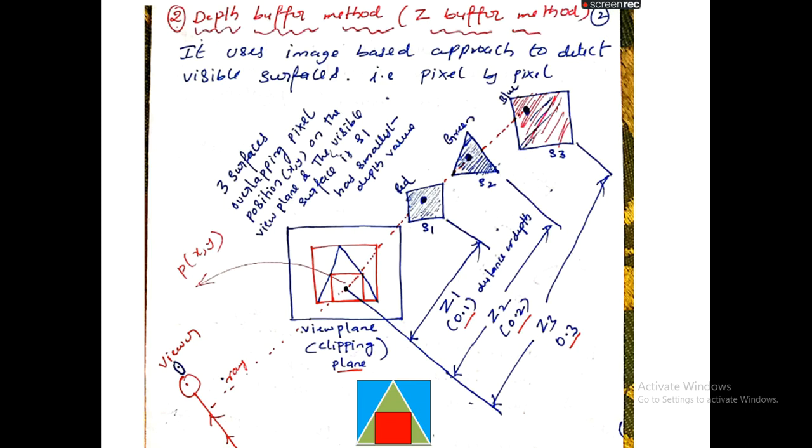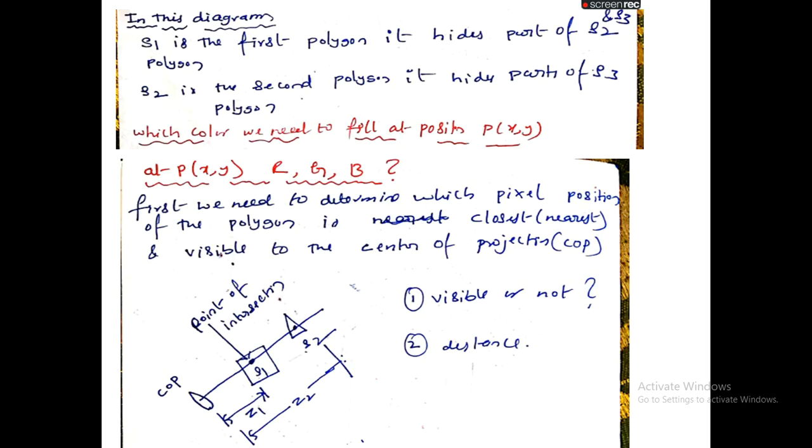Now we will not fill blue color here. Next we will check the green color. The distance between the observer and the green color is 0.2. But if you compare 0.2 with 0.1, you can say that 0.1 is nearer to the observer. So whichever pixels are near to the observer, those pixel colors have to be projected on the screen of the monitor. This is the working principle of the Z buffer algorithm.